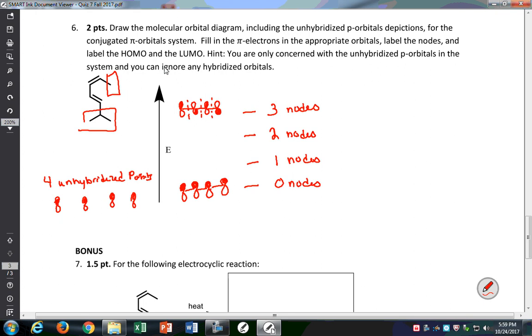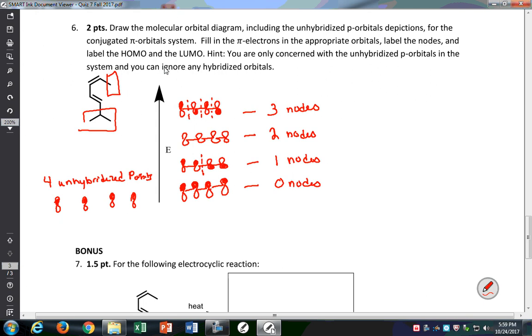Now the middle ones are sometimes a little bit harder, but they're going to be symmetric. So we have one node. The only place to put one node and still have symmetry is right down the middle. So red up, and then once we get to the node, we alternate.